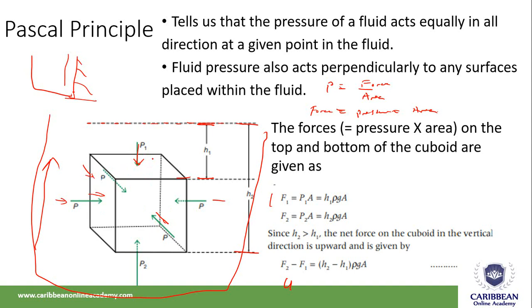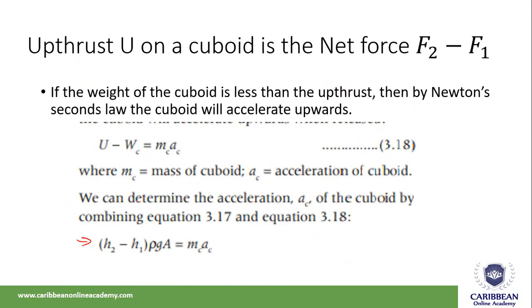That weight of the object is what would result in the weight of the fluid displaced, right? So this is what we end up with if we want to find that. So height 2 minus height 1 times the density of the fluid times gravity times the area is equal to mass times acceleration.